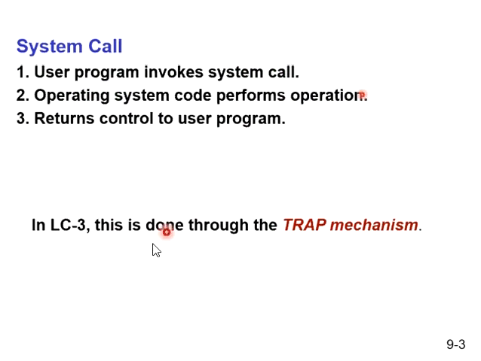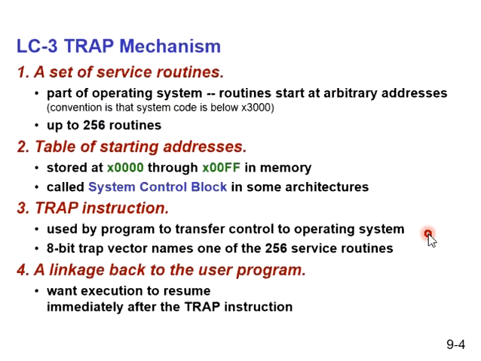In the LC-3, there is the trap mechanism. So now we should understand this mechanism. With the LC-3 trap mechanism, you can understand the set of service routines. So what are they? As you know, in our operating system, you have many routines that start at arbitrary addresses.